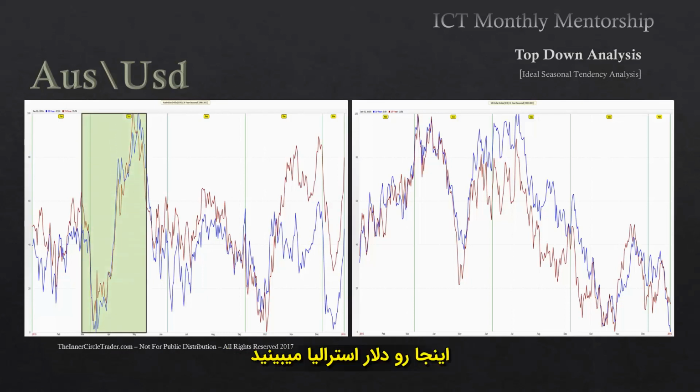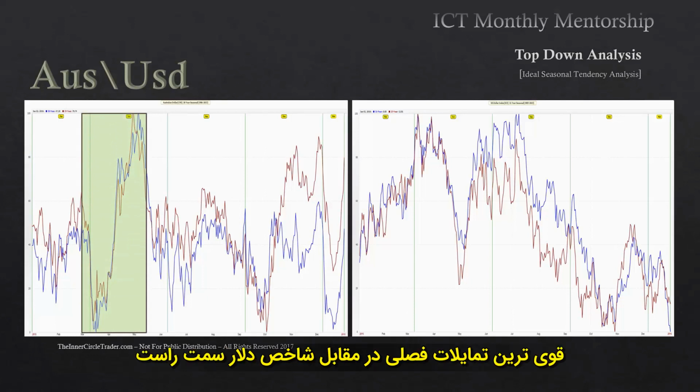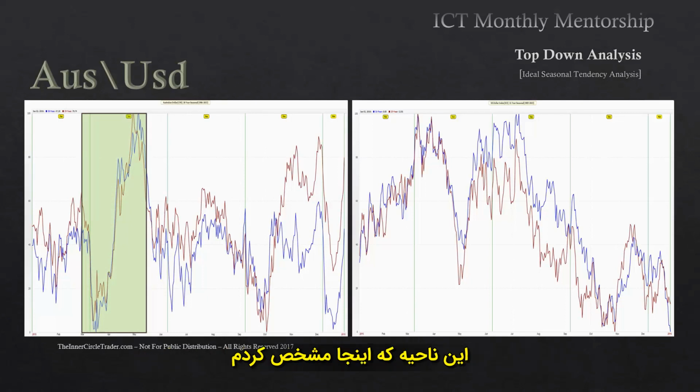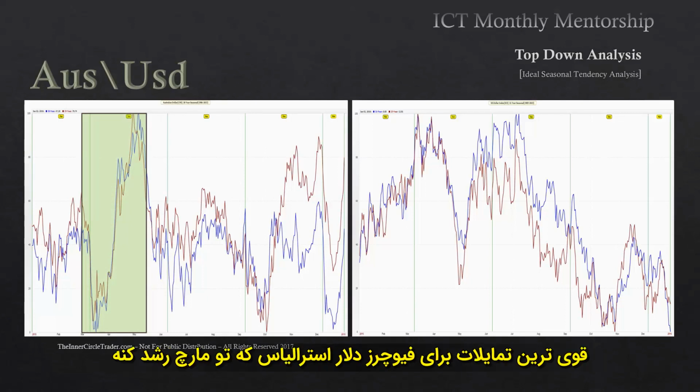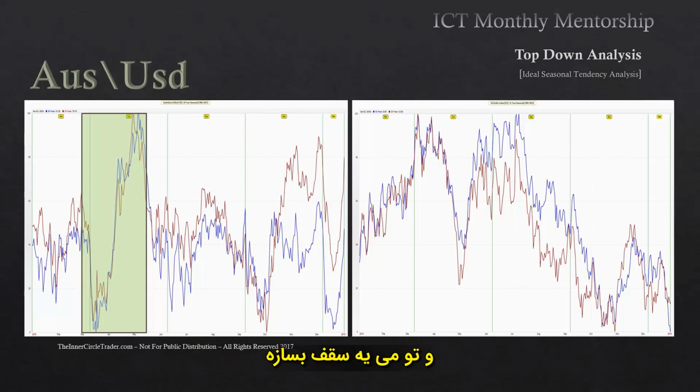You see here on the Australian dollar the strongest seasonal tendency in contrast to that of the dollar index on the right. The shaded area shows the strongest tendency for Australian dollar futures prices to rally in March and make a top sometime in May.